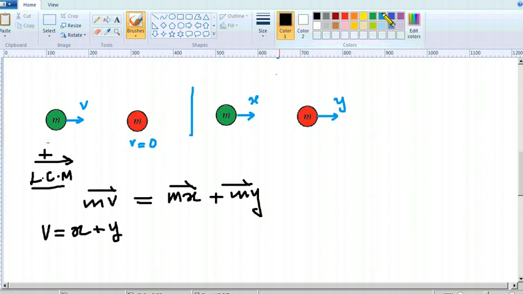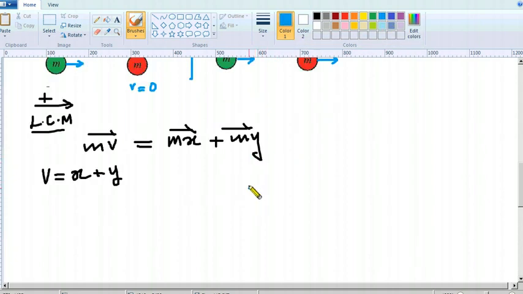Then we are going to apply the other rule. What is it? Conservation of kinetic energy. Not just conservation of energy, kinetic energy.